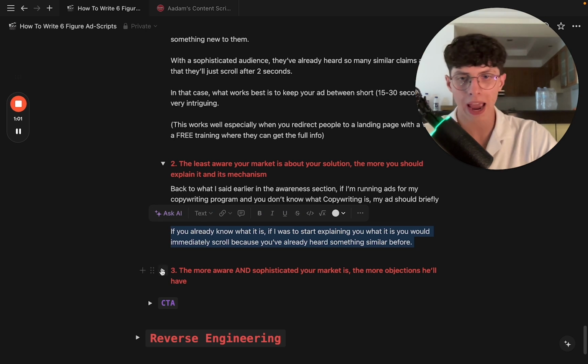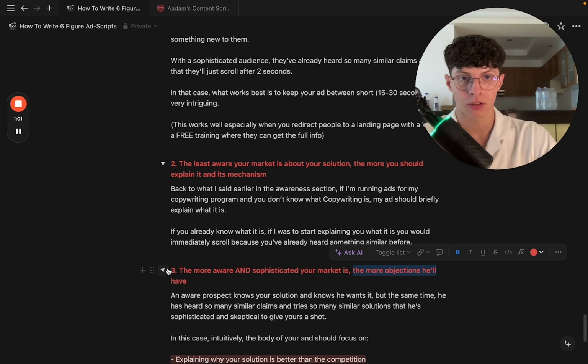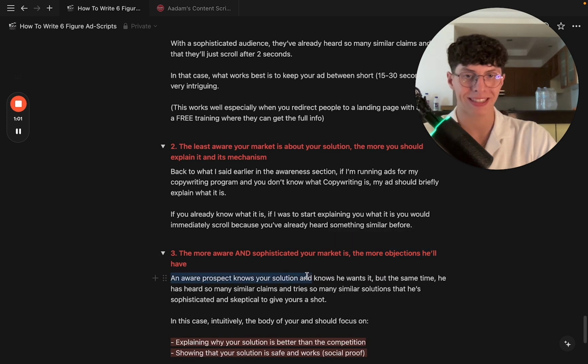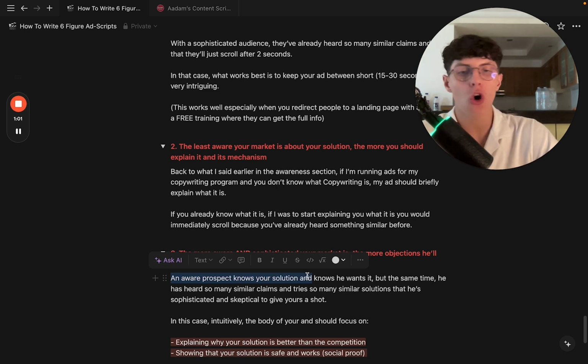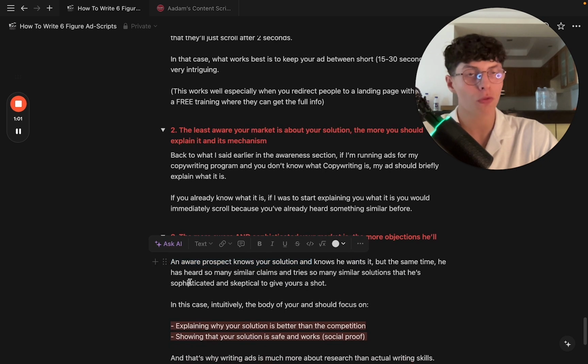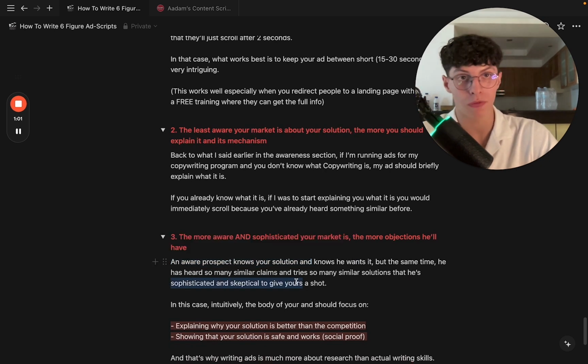Simple. And last thing, the more aware and sophisticated, so both together, your market is, the more objections and predispositions they're going to have. Okay? So a problem-aware prospect knows your solution and knows that he wants it. But at the same time, he has heard so many claims and tried so many different solutions that he's sophisticated and skeptical to give yours a shot.